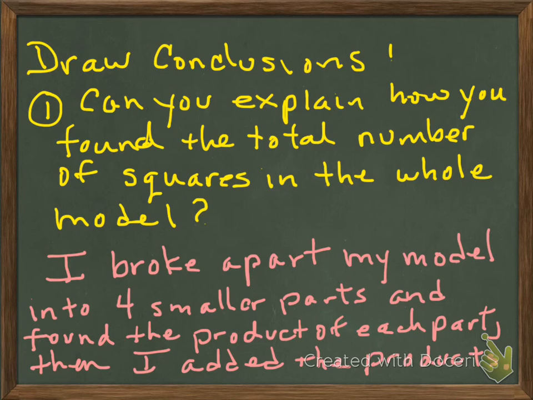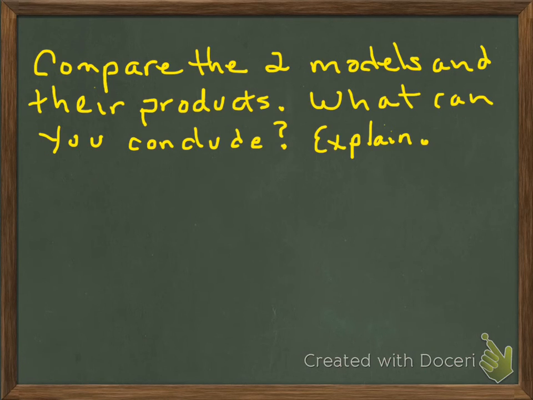Let's ask another question. Here's another thing that I want you to think about. If you compare the 2 models and their products, what can you conclude about these 2 models? I want you to explain your answer. Let's think about that for a minute.